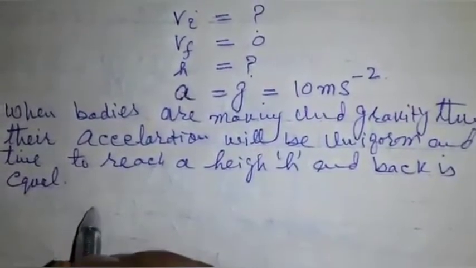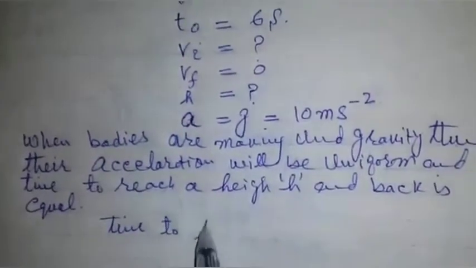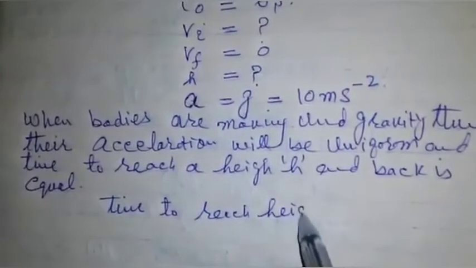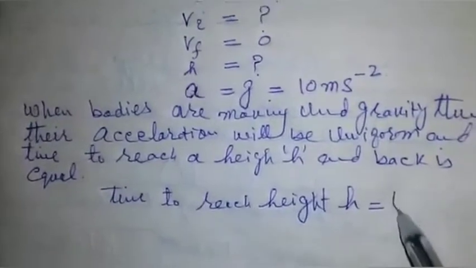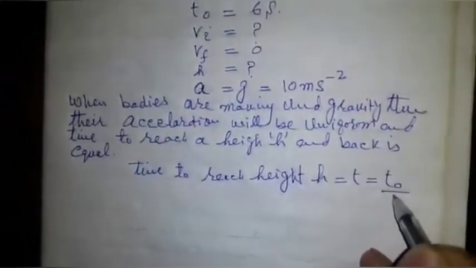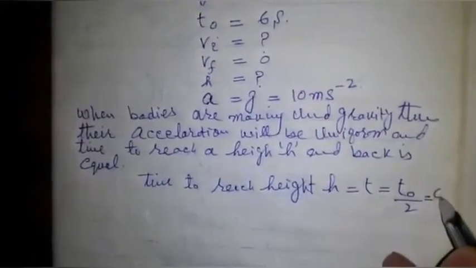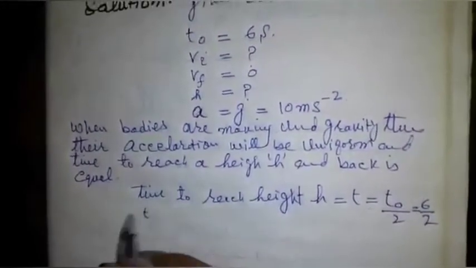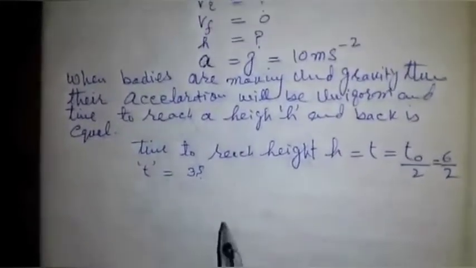So time to reach height h is equal to t, which is equal to t naught over 2, which is equal to 6 over 2. So t is equal to 3 seconds.